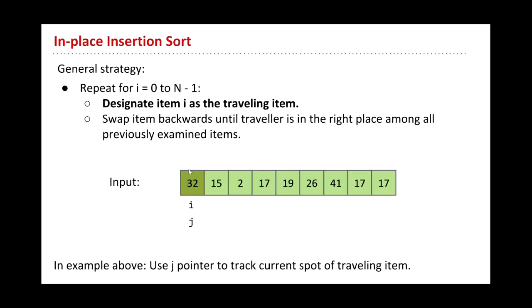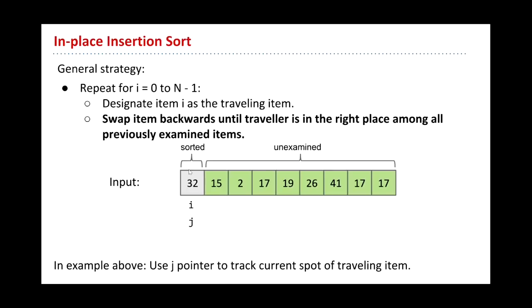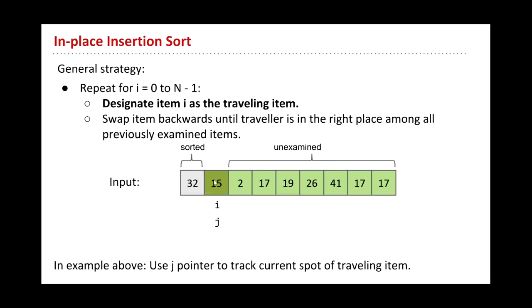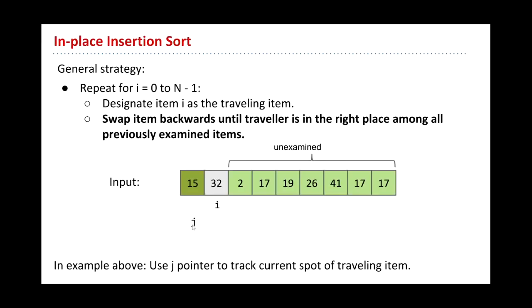All right, so 32, there's nothing to do. But when we get to 15, it is not in the right place. So what this version of insertion sort does is it says, hey, item, you're in the wrong place. Please go backwards until you're in the appropriate place. Okay, so 15, should it go backwards? Yeah. All right, so we move it backwards. So j is tracking where the traveler is.